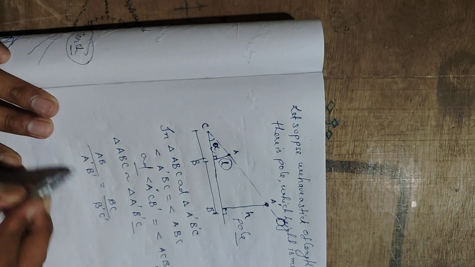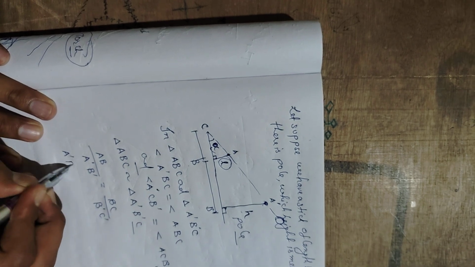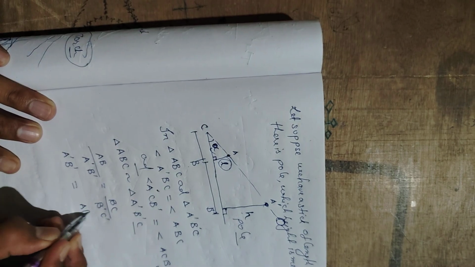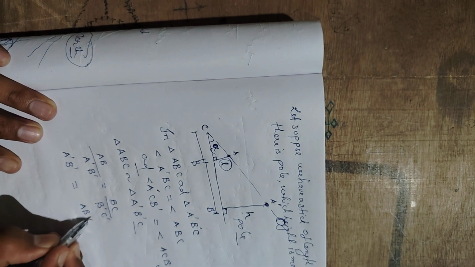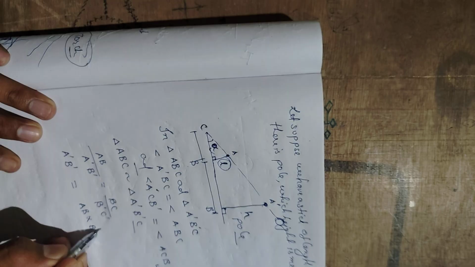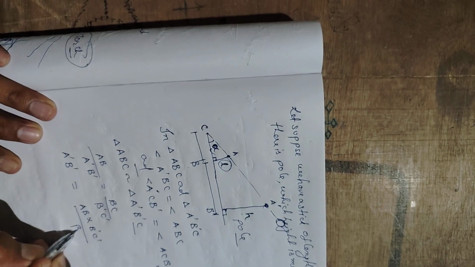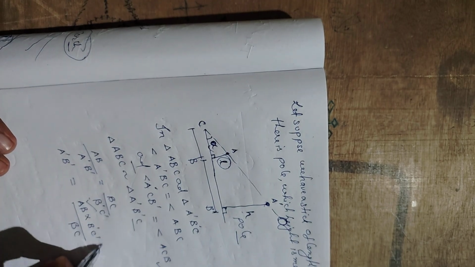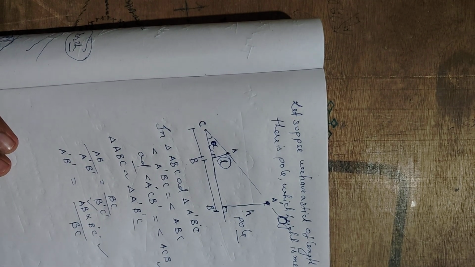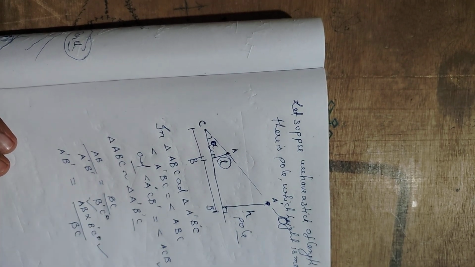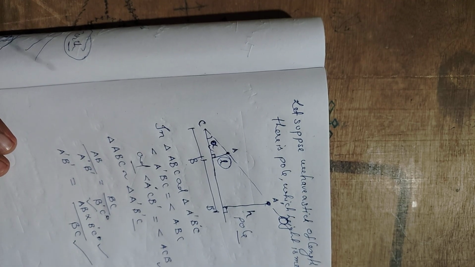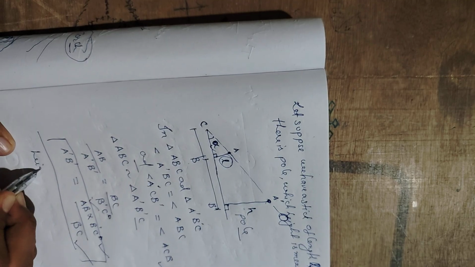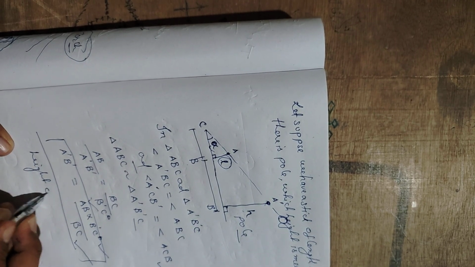Here we need to find A dash B dash, which is AB into B dash C dash by BC. AB is given, we can calculate B dash C, and we can calculate BC. So we can find the height of the pole.